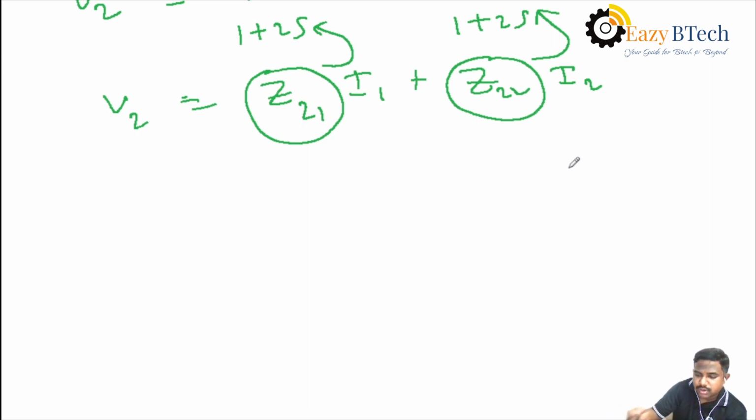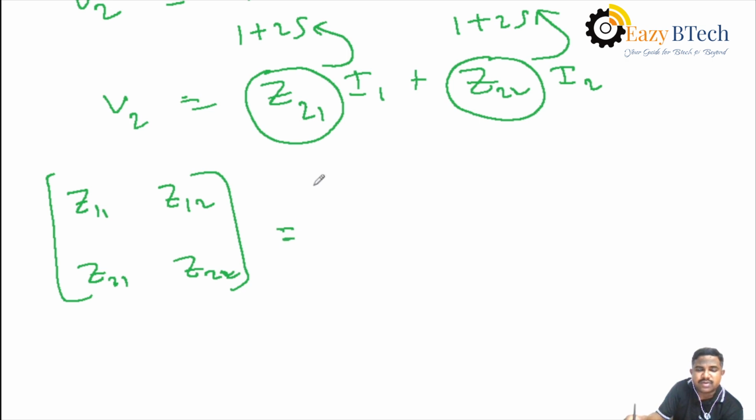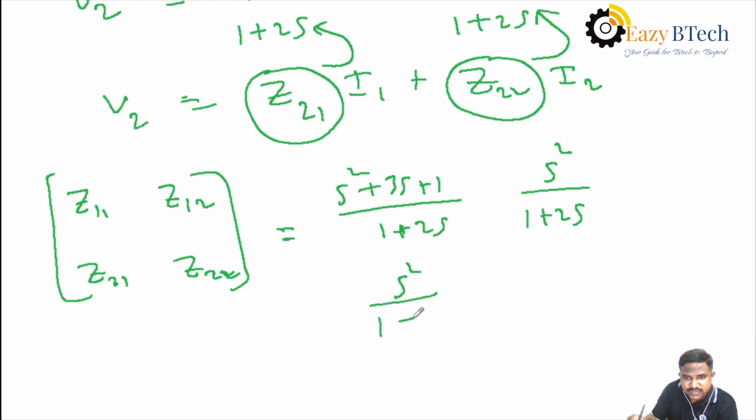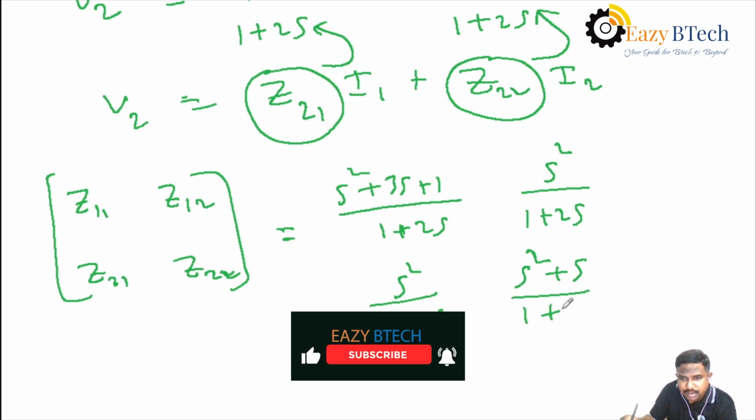Therefore, the Z parameters for the given network in transformed elements, in the form of a transformed network, are: Z11 is S square plus 3S plus 1 by 1 plus 2S, Z12 is S square by 1 plus 2S, Z21 is S square by 1 plus 2S, and Z22 is S square plus S by 1 plus 2S.